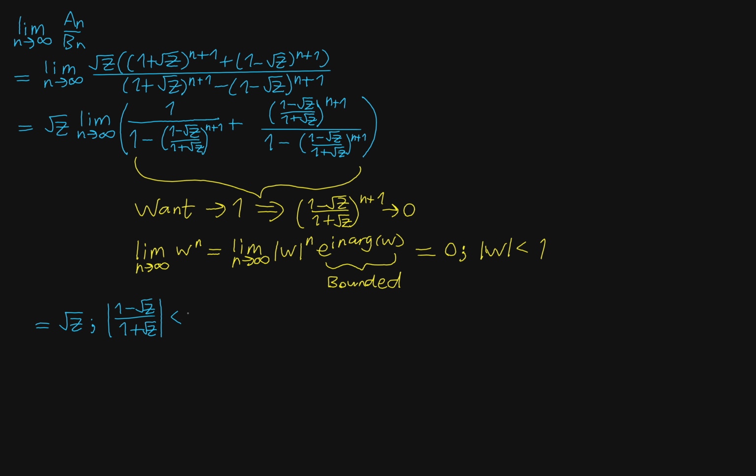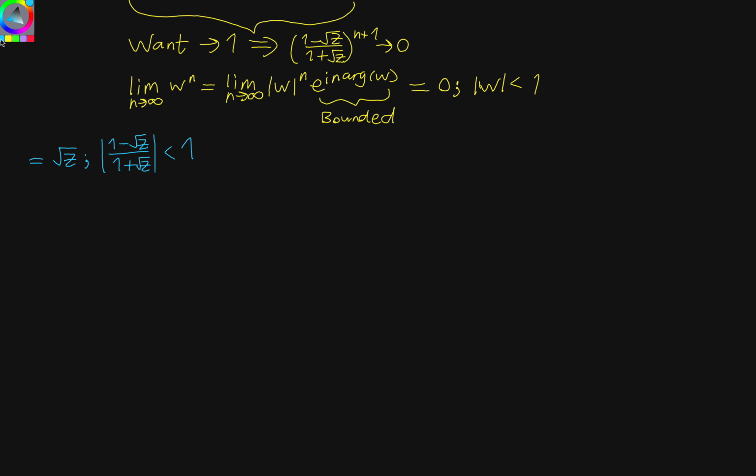Now, we're going to want to solve this inequality a little bit more at the end to get a better picture of what complex numbers actually work. First, just to simplify this, we're going to use the rectangular form for square root of z. We're just going to let square root of z be equal to a plus bi, where a is the real part and b is the imaginary part.